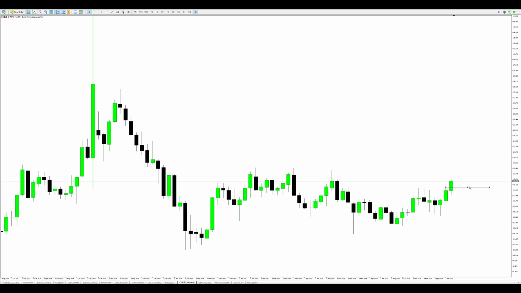So we've got that old high, and then we've got the liquidity draw where price is being drawn to. That's the high of this candle, coming in at 118.53, right?